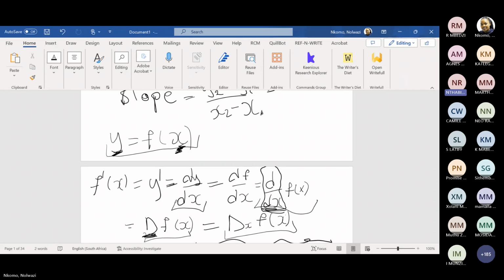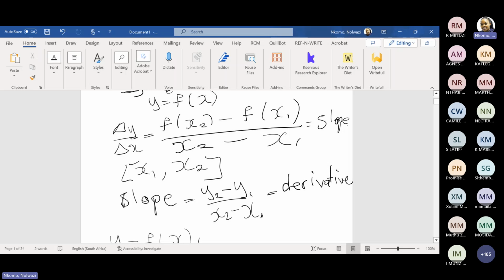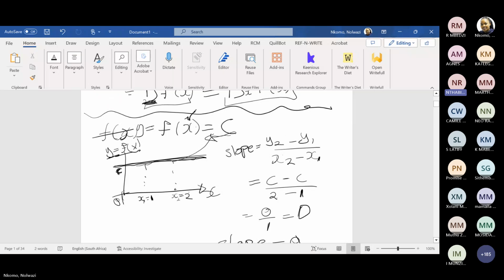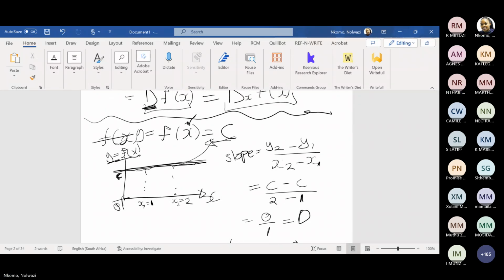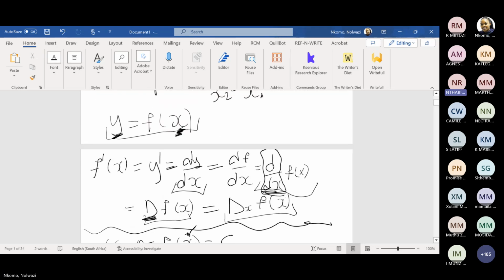Where you say f of x equals y, y equals dy divided by dx equals df of... Yes, here. Okay. Up again. Yes, here. Where you said, what did you say? You said both are the differentiation operators, something like that.